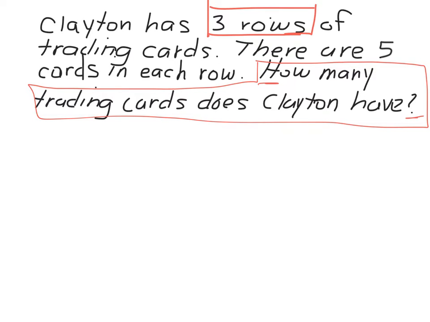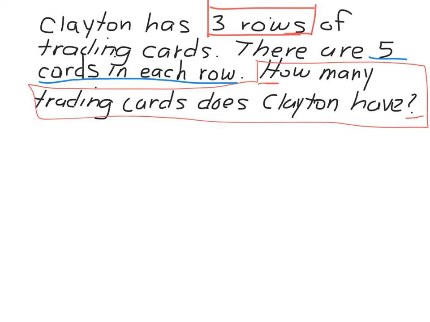If we continue reading, it also says there are 5 cards in each row. Not that there are 5 cards, but 5 cards in each row. So if we go back and think about what we learned about rows and columns, we will be able to use the strategy, make a model to solve this.